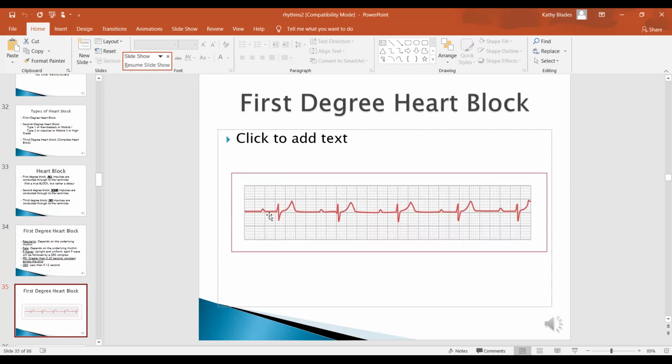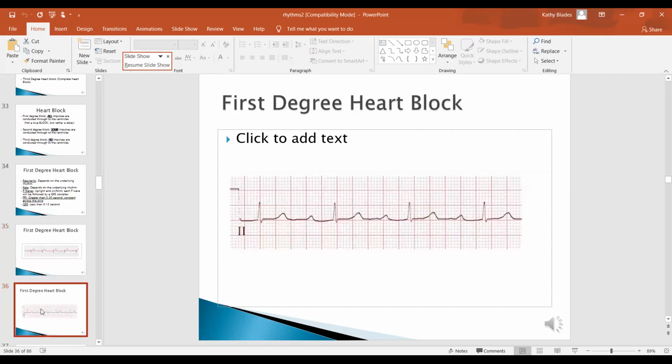As you can see, the P wave goes, and then it's this extended distance between the P wave and the QRS, right? There's a distinctive difference between the two, and it's very consistent. So 1, 2, 3, 4, 5. So this rhythm is probably sinus brady with a first degree heart block.